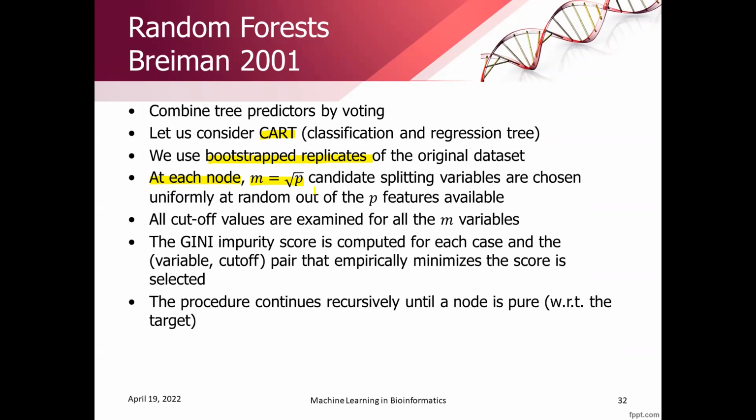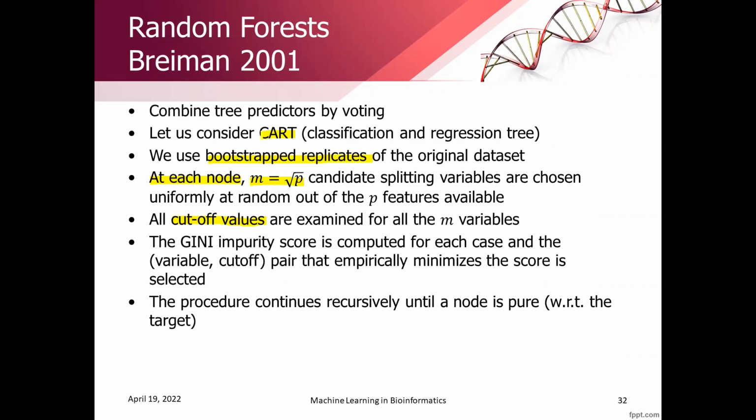And we select just square root of p candidate attributes. And then we perform the algorithm for building the decision tree only on this subset of attributes. Then the cutoff values: if we build a binary tree, then we need some thresholds for the query on the attributes. This is called cutoff.